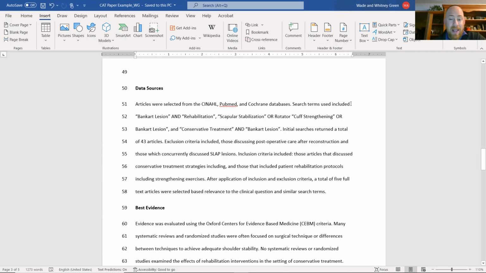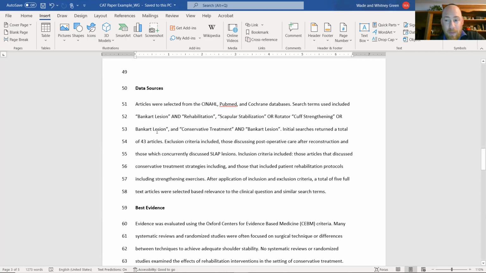All right, and now I even give my search terms, even including my Boolean phrases: Bankart lesion and rehabilitation, scapular stabilization or rotator cuff strengthening, or Bankart lesion, right? And so I provide my search terms here, right? And okay, I total as I kind of delineate those search terms. I keep track of the number of articles that pop up initially. How many articles do I have initially? Well, I said I had 43 articles initially.